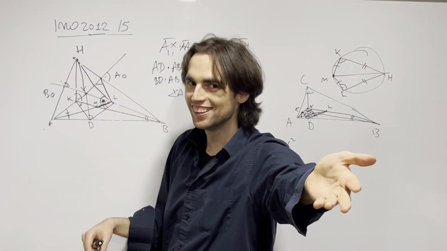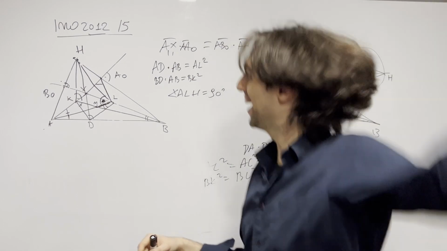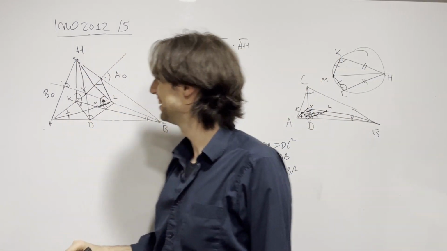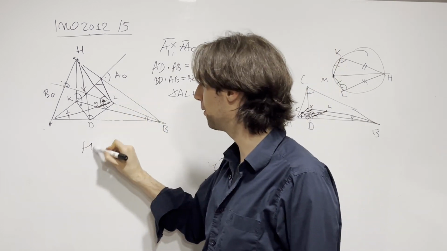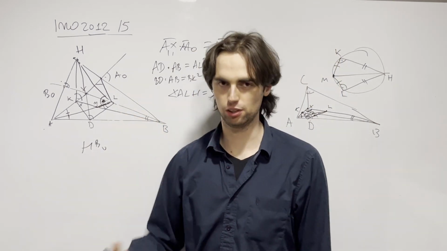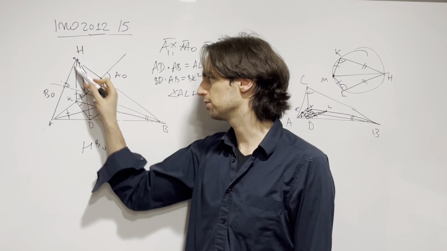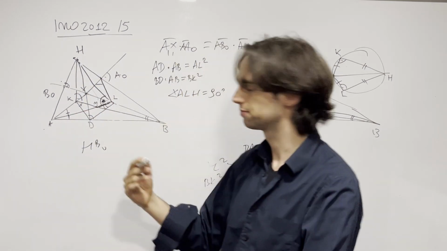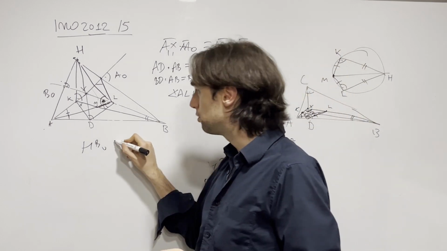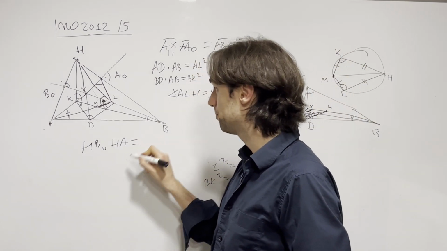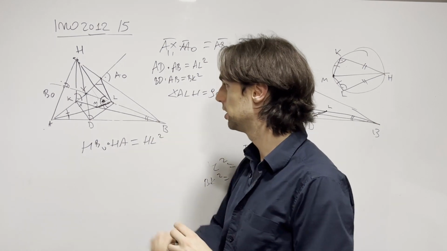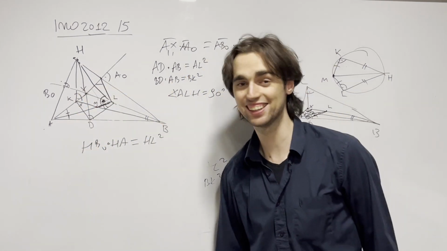Do we have that? Well, yes, because it's a right triangle. So HLA is a right triangle, so HB0. If you want, I can actually go ahead and prove like this triangle is similar to this triangle. Ergo, we have this thing. And now HB0 is HA. HB0 times HA is equal to HL squared by this similarity.